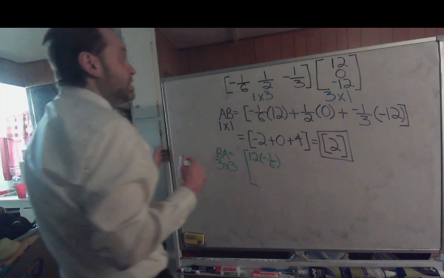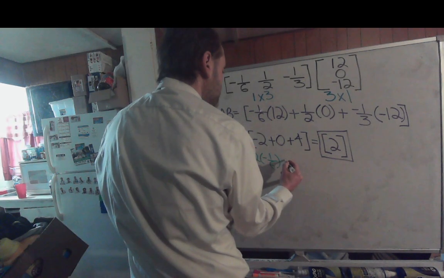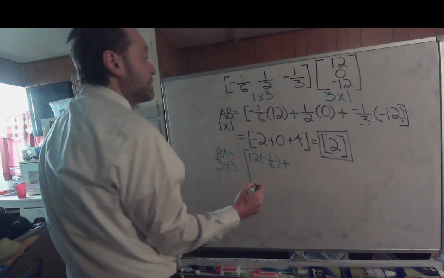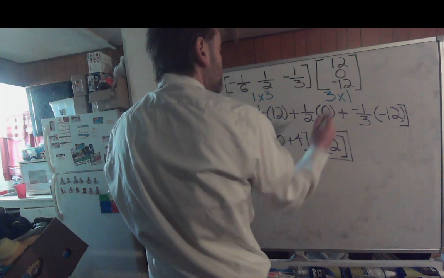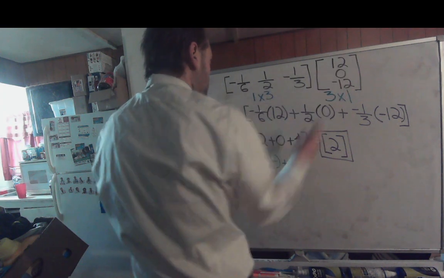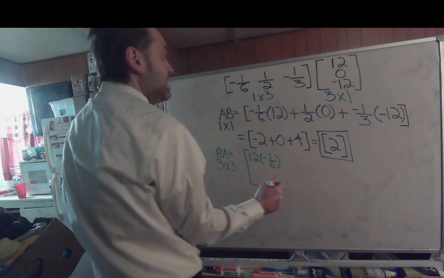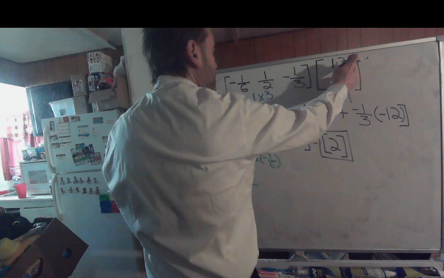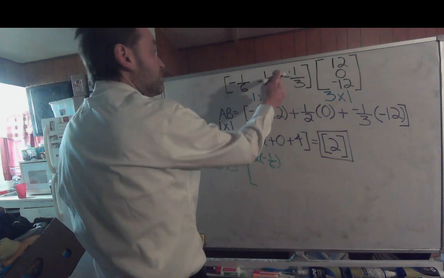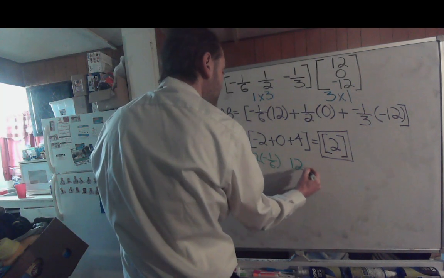Well, no, it's not. I'm sorry. You'll end up taking the first number in the first row, multiplying it by the first number in the second column, which would be 12 times 1/2.